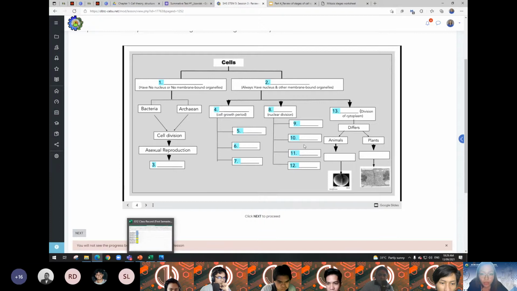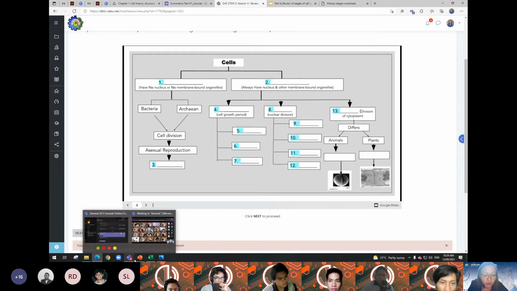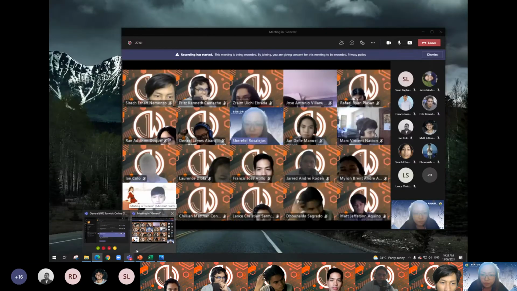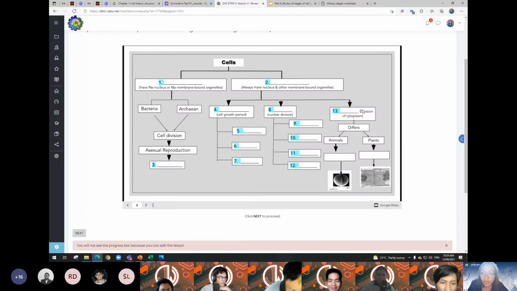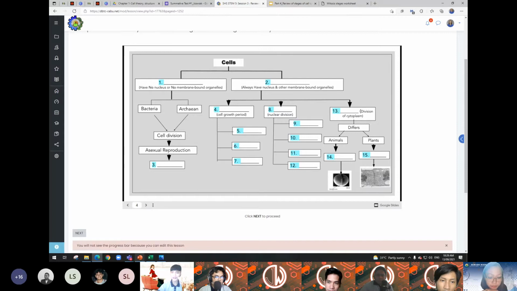Okay, last. For the stage of the eukaryotic cell, 13. Who will answer? Ibanez. 13 is the division of the cytoplasm. Cytokinesis, ma'am. The cytokinesis differs in animal and plant cells. So in animal cell, it will start with the cleavage furrow, and for the 15 here, in the middle, we call that cell plate.